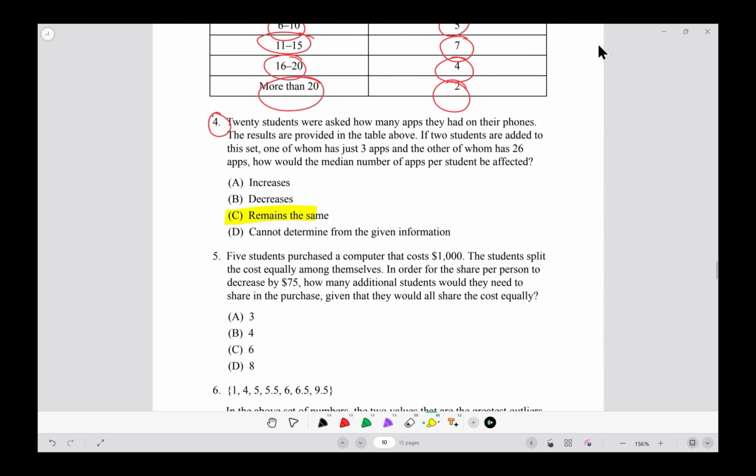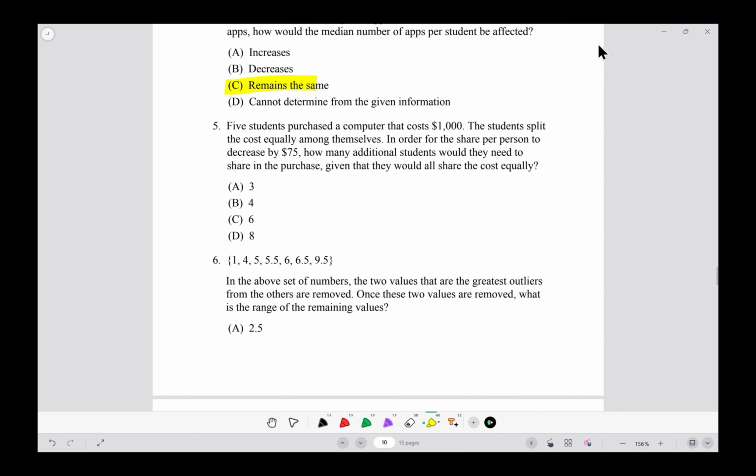Option C is correct. We can solve some other problems, like problem 5: 5 students purchased a computer that costs $1,000. The students split the cost equally among themselves. In order for the share per person to decrease by $75, how many additional students would they need to share the purchase, given that they would all share the cost equally?